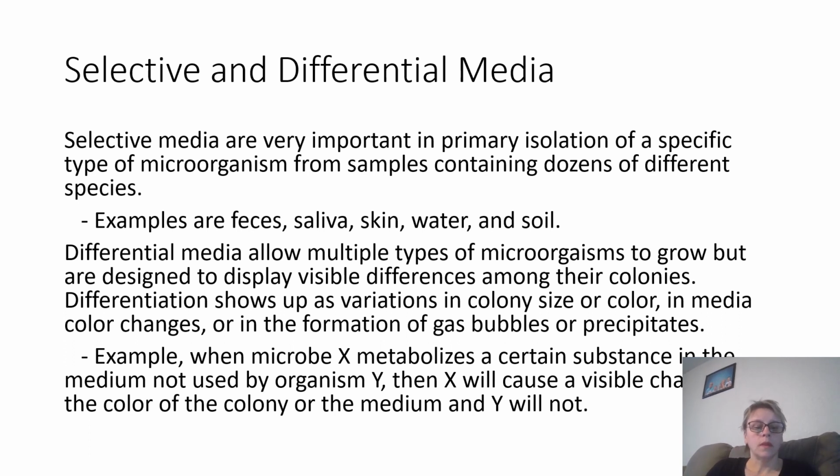For example, when microbe X metabolizes a certain substance in the medium not used by organism Y, then X will cause a visible change in the color of the colony or the medium, and Y will not.